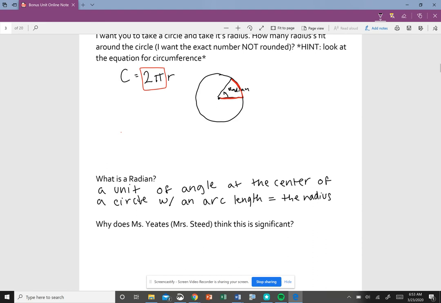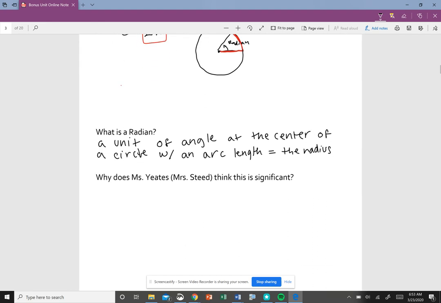Okay. Now, the reason that I think this is significant, and I'm going to write it down, is because this unit relates directly to the circle. It's not some arbitrary number. 360 was specifically chosen because it has a lot of numbers that equally go into it. There are numbers that still don't go into 360, but there are quite a few numbers that do.